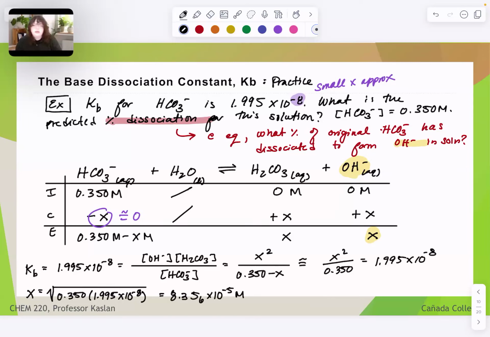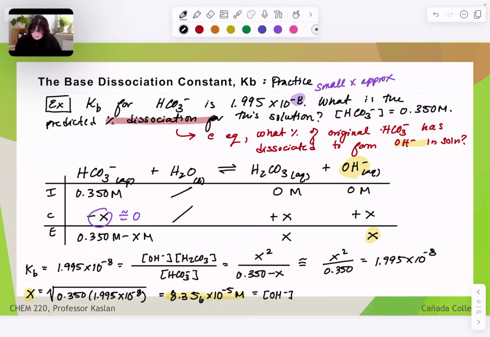And while we do, in fact, now have our value of x, in other words, our concentration of hydroxide, we still haven't answered this question, because this question is requiring us to find the percent dissociation. So how much of the original pre-dissociation amount of bicarbonate has now become hydroxide?